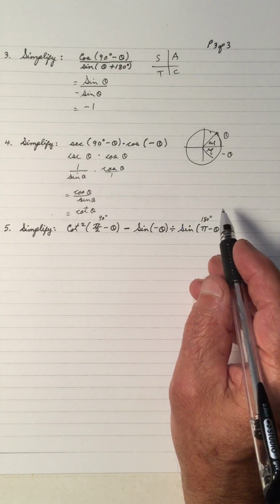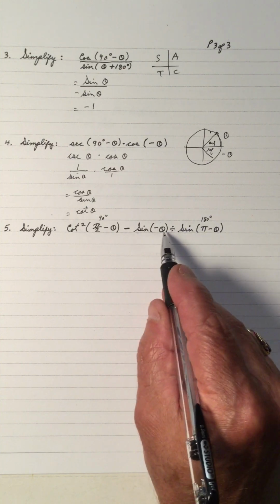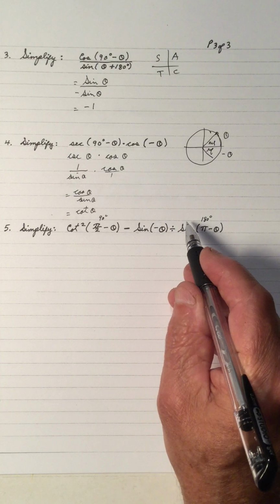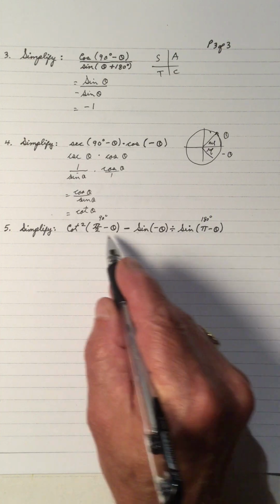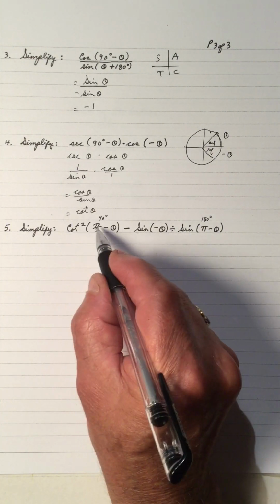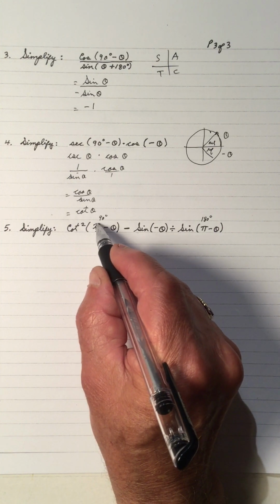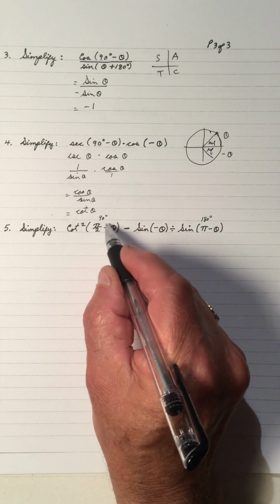Now let's simplify each of these first, and then we'll work out BEDMAS or PEMDAS. So the cot squared of 90 minus theta, or pi over 2 minus theta, we change.